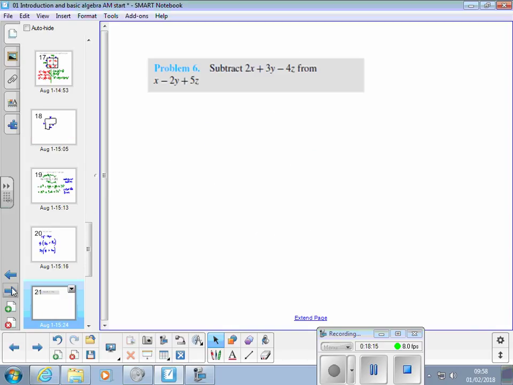What about this one? Subtract 2x plus 3y minus 4z from x minus 2y plus 5z.